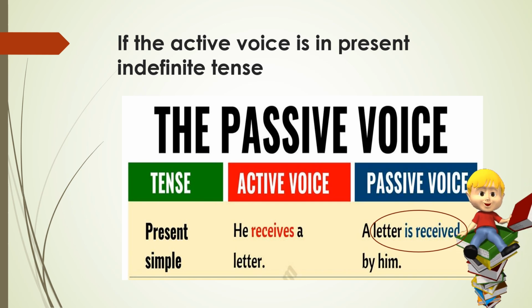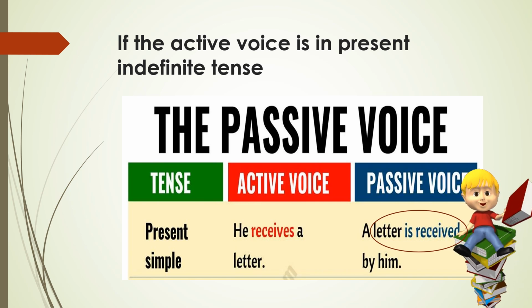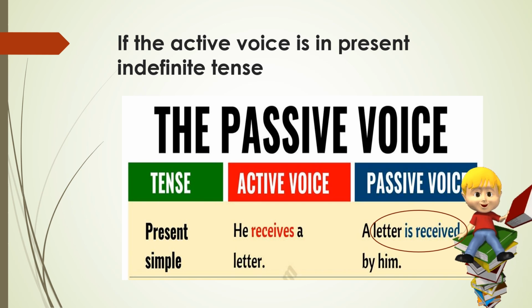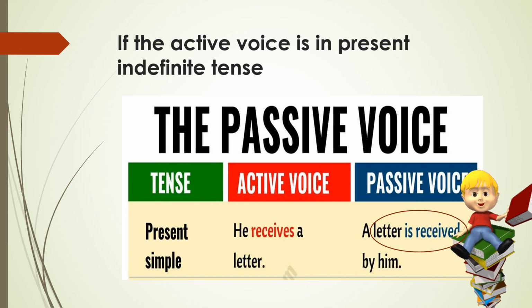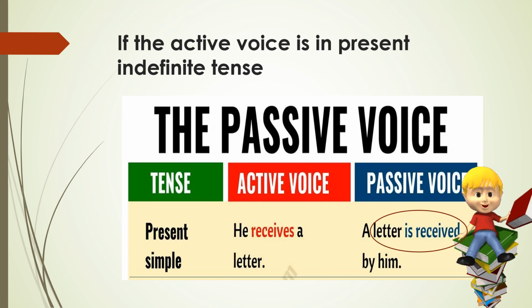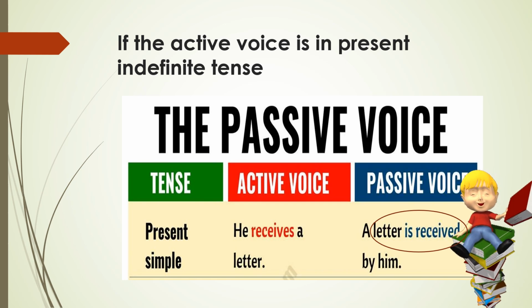A letter, which was the object, will come at the beginning of the sentence, followed by the verb received, the third form, and then by, and then the subject, he, will be converted into him. So how will you read the whole sentence? A letter is received by him. This is how we convert a simple present tense sentence into passive voice.